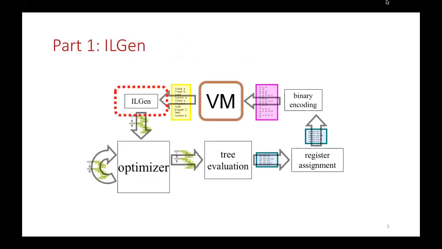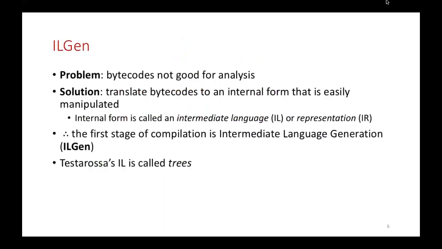So I think what I'd like to do is to drill down deeper into each one of these different phases and talk a bit more about how it does the things that it does. The first step is the IL generator, which is colloquially called ILGen.